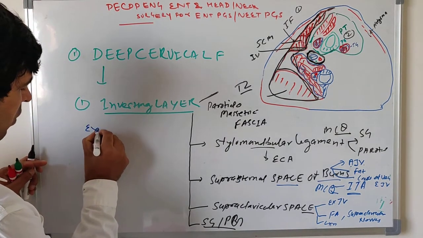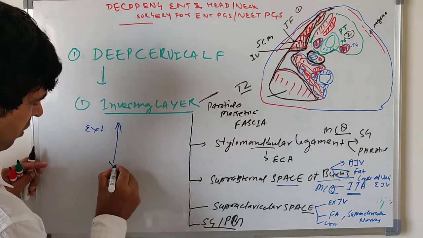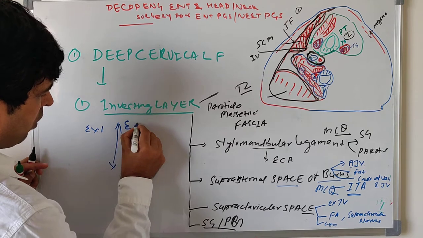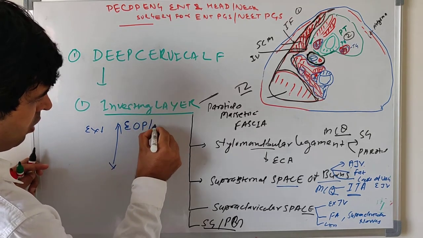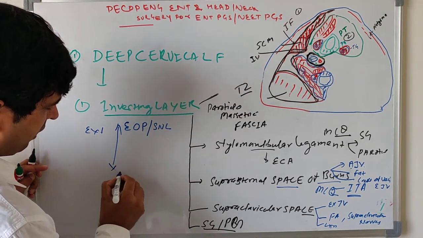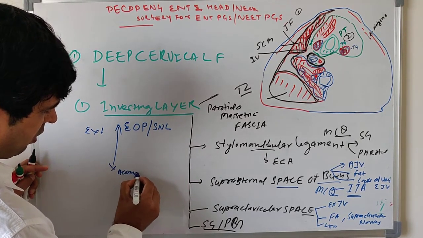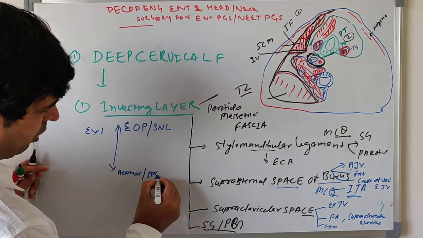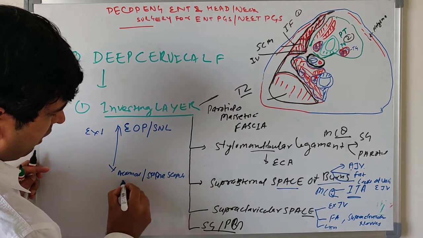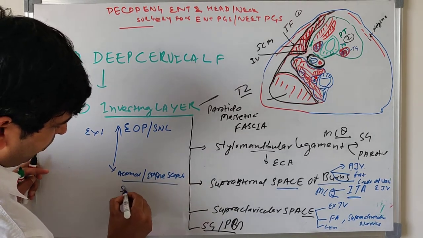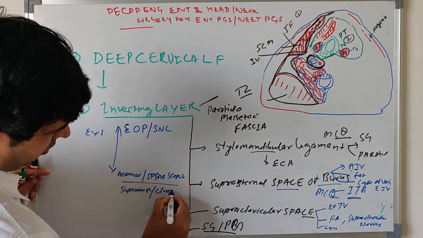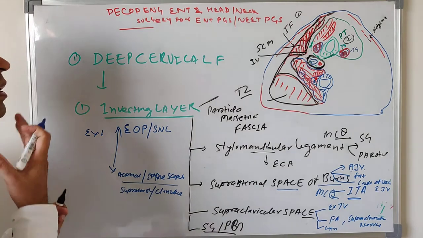Extension, I already mentioned. Superiorly, from the external occipital protuberance to the superior nuchal line. Inferiorly it attaches to the acromion process, laterally the spine of the scapula, and the clavicle to the suprasternal region. Anteriorly it attaches to the symphysis menti, lower border of the mandible, mastoid process, then superior nuchal line, external occipital protuberance. Posteriorly it attaches to the ligamentum nuchae at the spine of C7 vertebra, then laterally the spine of the scapula, then the clavicle.